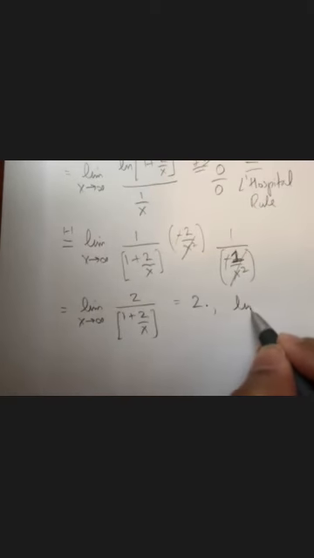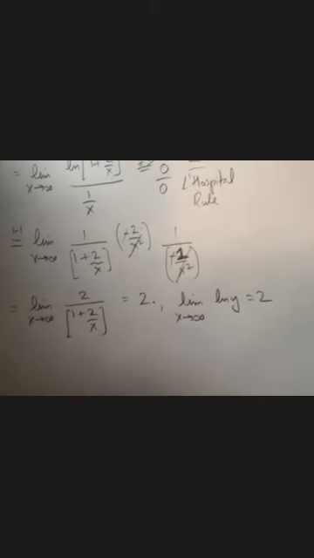So what we have shown is that the limit as x tends to infinity of ln y is 2. This is the limit for ln y, but we want it for y.